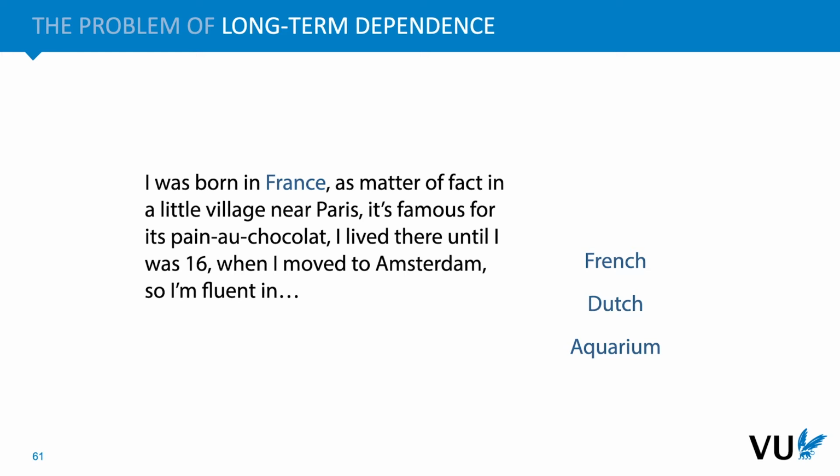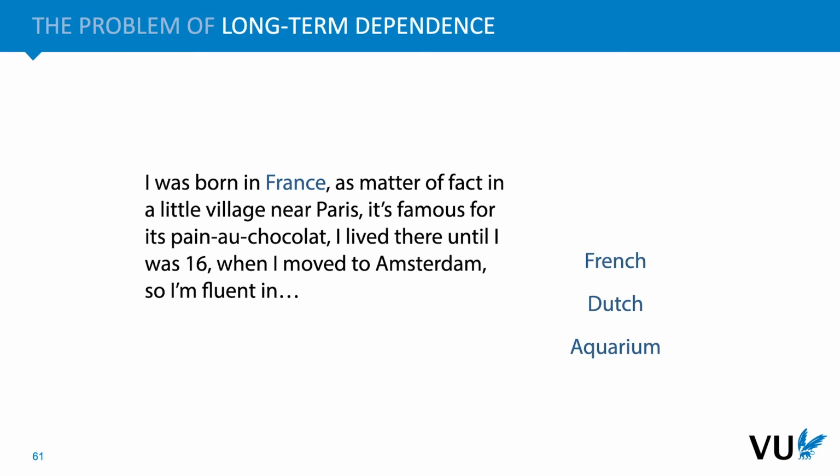But a network with a poor long-term memory will most likely fit the recent word Amsterdam to the language Dutch and predict that Dutch is a likely next word. Whereas a model with a long-term memory will realize that given the entire structure of the sentence, it's more likely that French is the next word, at least in theory.